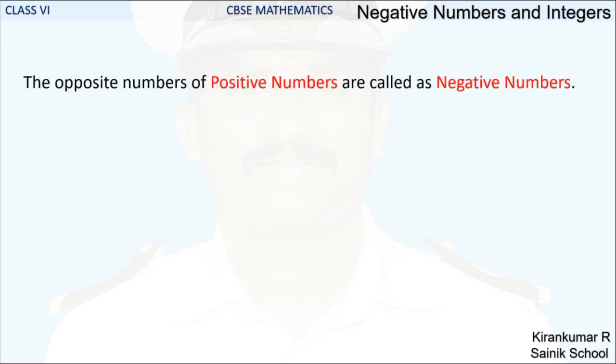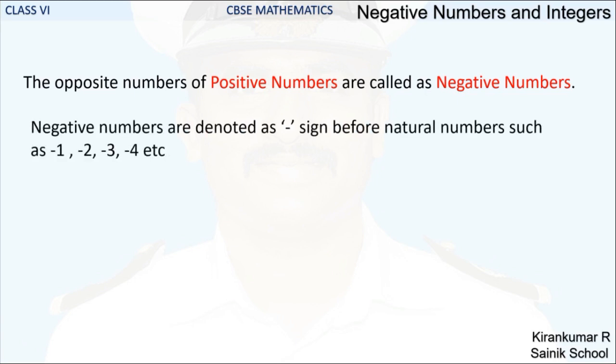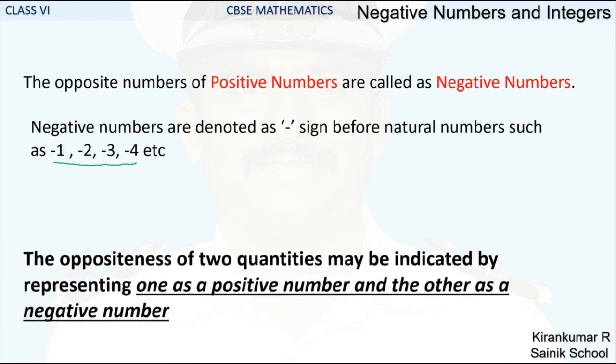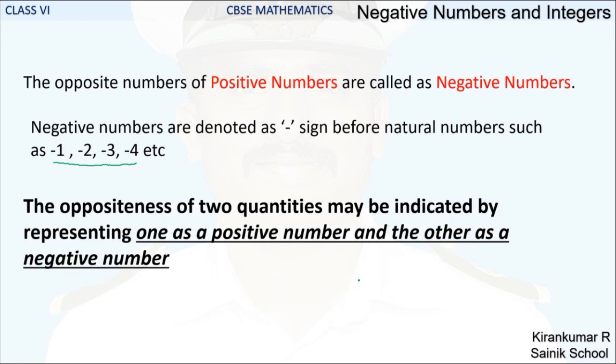Negative numbers are denoted as minus sign before natural numbers such as -1, -2, -3, -4, etc. The oppositeness of two quantities may be indicated by representing one as a positive number and the other as negative number.